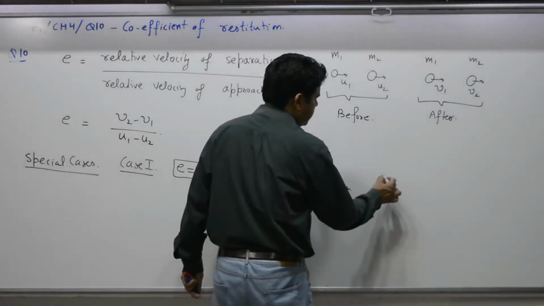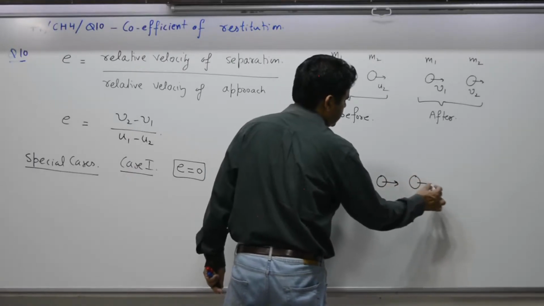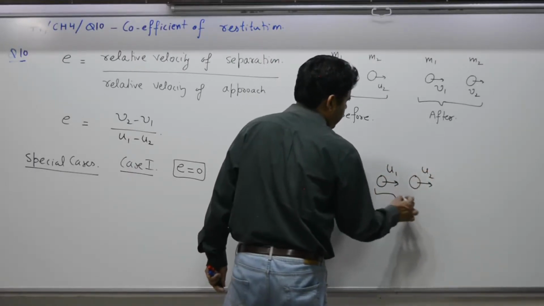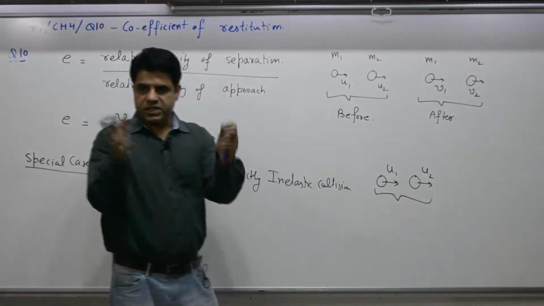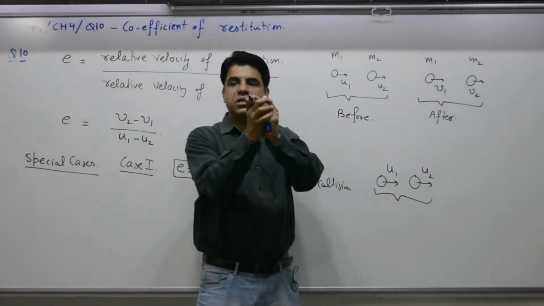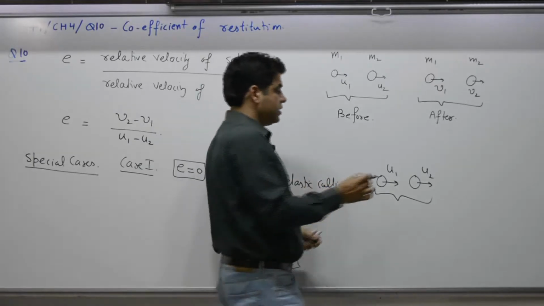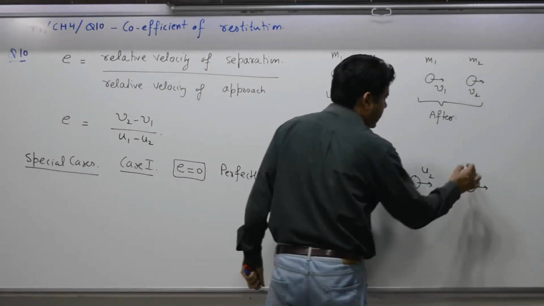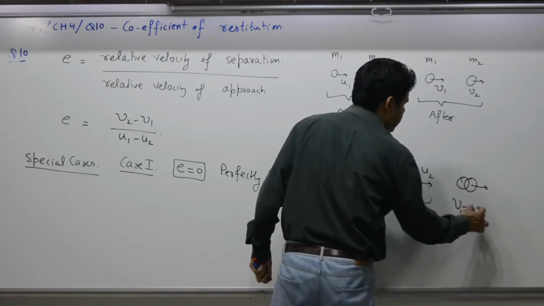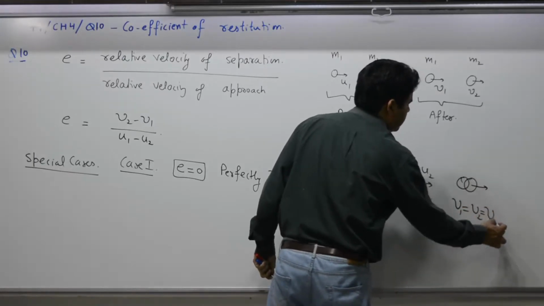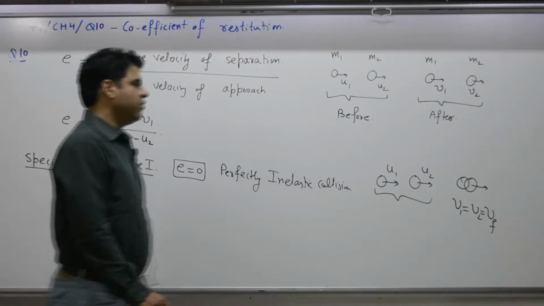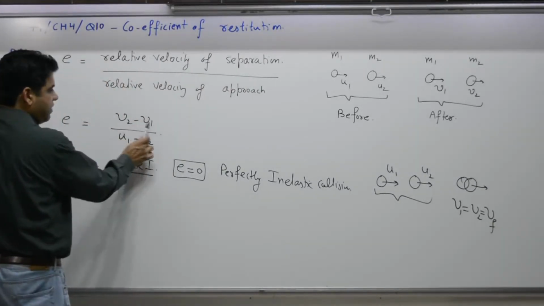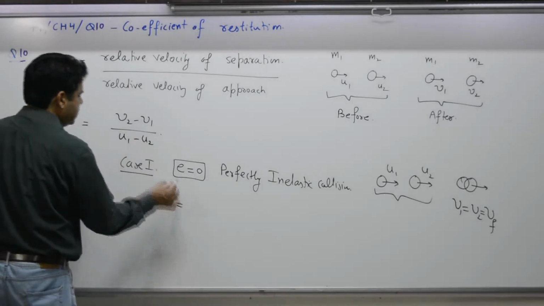If one object is moving with some speed, another object is also moving with some speed, u1 and u2, and the two objects combine together, they become one object. They have the same velocity: v1 is equal to v2, which is equal to v final. They have the same velocity. Then, if v1 and v2 are equal, E is equal to what?